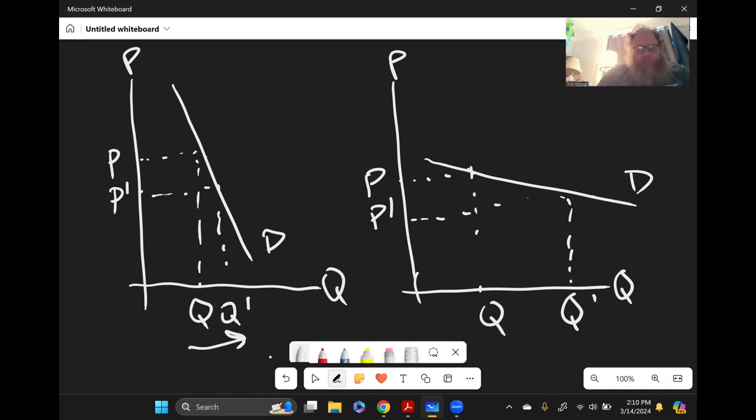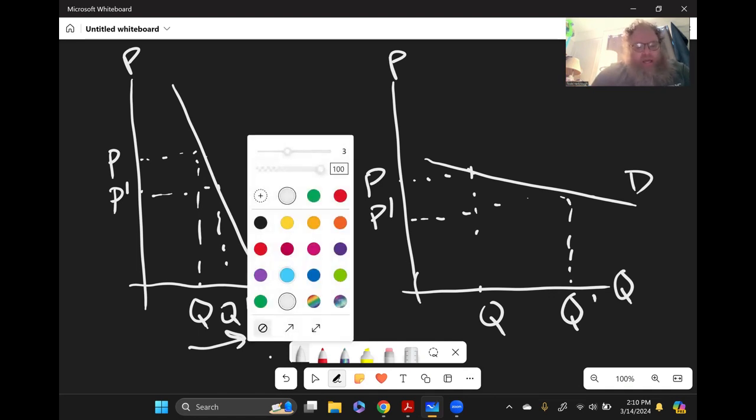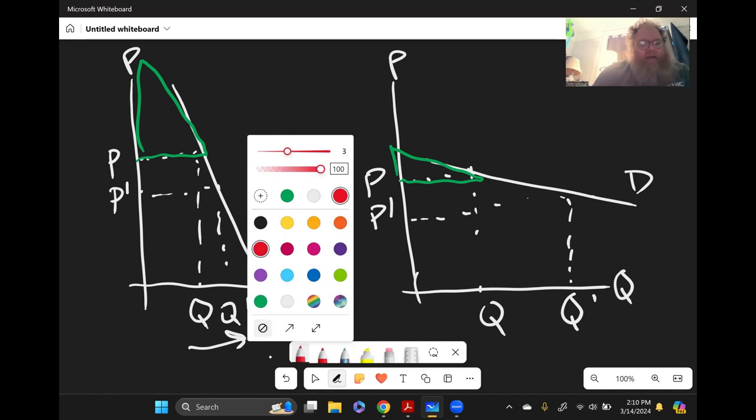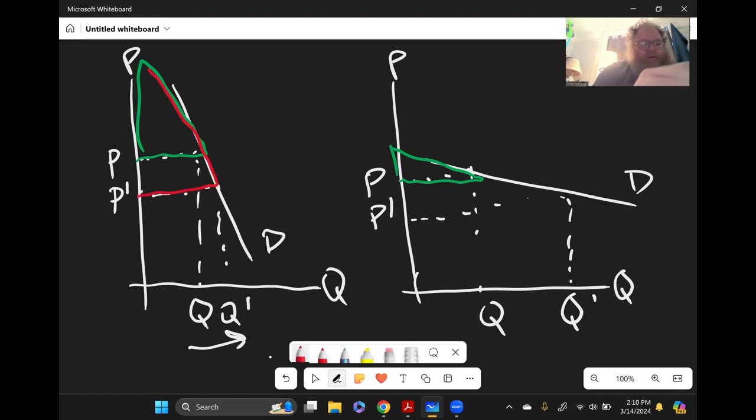Okay. So initially, consumer surplus was in these scenarios roughly that triangle, and here roughly that triangle. That was original consumer surplus prior to the price change, and then after the price change, we now have consumer surplus that triangle and that triangle. So you can see that the shape of the demand curve affects the change in consumer surplus.